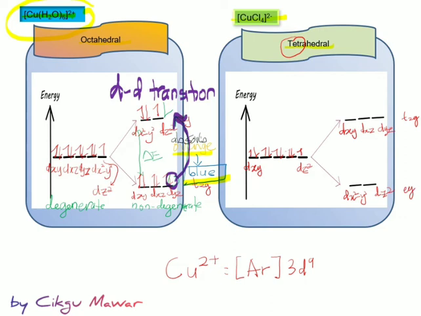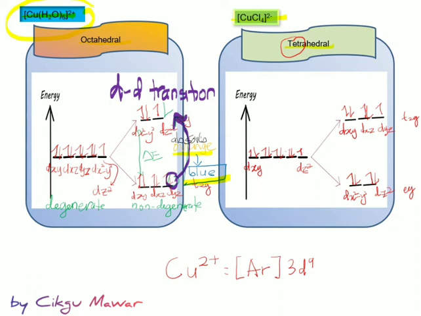For the tetrahedral case, I also use a weak field ligand here, which is chloro. Chloro is a weak field ligand, so we can fill up the electrons in the lower energy level orbitals and also the higher energy ones, starting from lower 1, 2, 3, 4, 5, 6, 7, 8, and 9. So this is how we fill up the electrons.